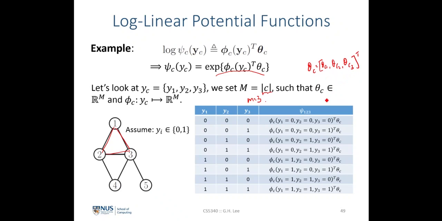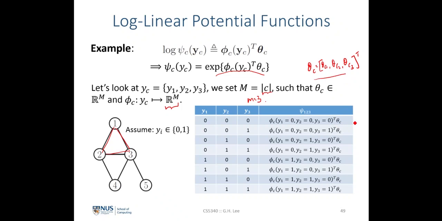This is a vector of the parameters, and we also have a feature vector as a function that maps the state of the random variables y1, y2, and y3 into an m-dimension vector over here. So we can simply rewrite this into a function of c, y1, y2, y3, and the dot product by the parameters over here.